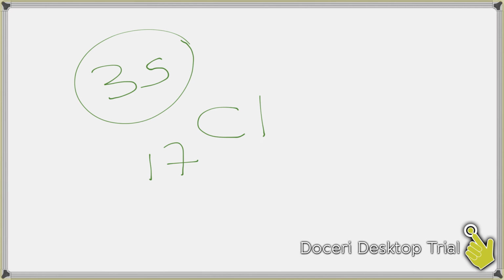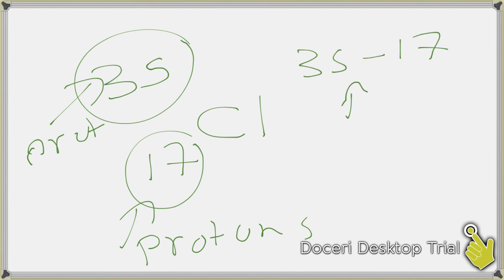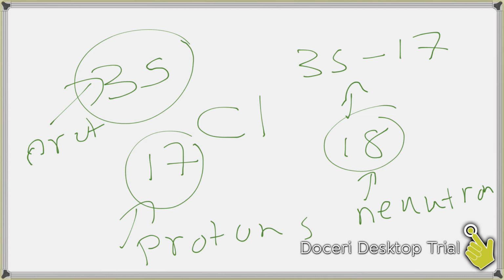If you see it this way, you can find the number of protons, and then 35 minus 17 gives you 18, which is the number of neutrons, right? And for a neutral element, the number of protons and electrons are the same.